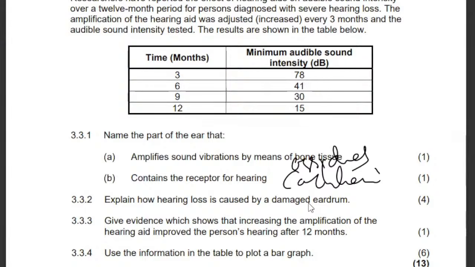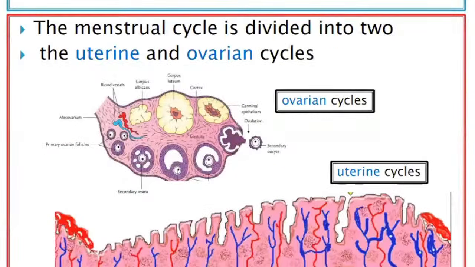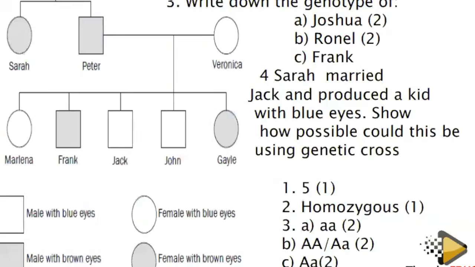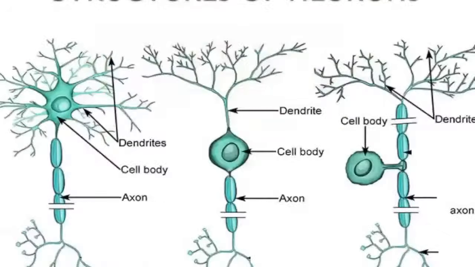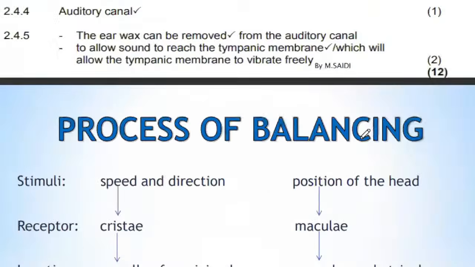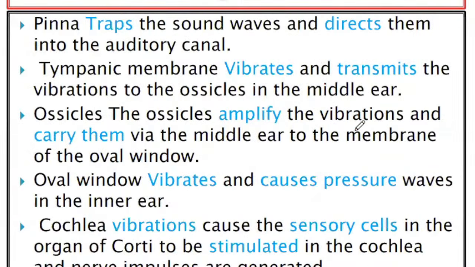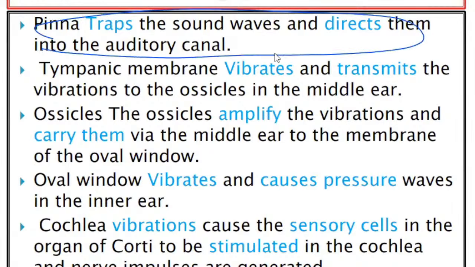So basically here, you need to explain, because if the eardrum, the tympanic membrane, let me show you here. If the tympanic membrane is damaged, so what is next? So basically they're asking you the hearing process, but in a negative way. They're saying the pinna traps sound vibration and directs it into the ear.